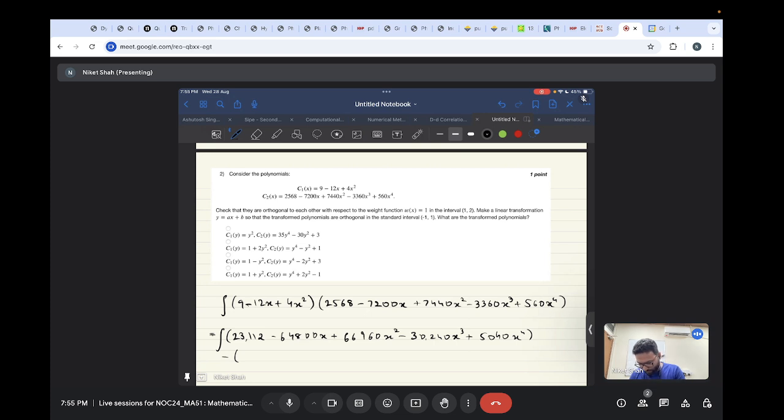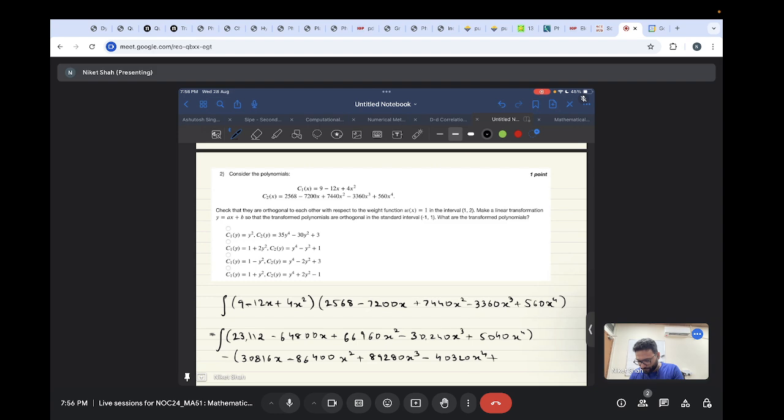So 2568 into 12, 3816 x, minus 86,400 x square, and 440 into 12, plus 89,280 x cube, minus 3360 into 12.